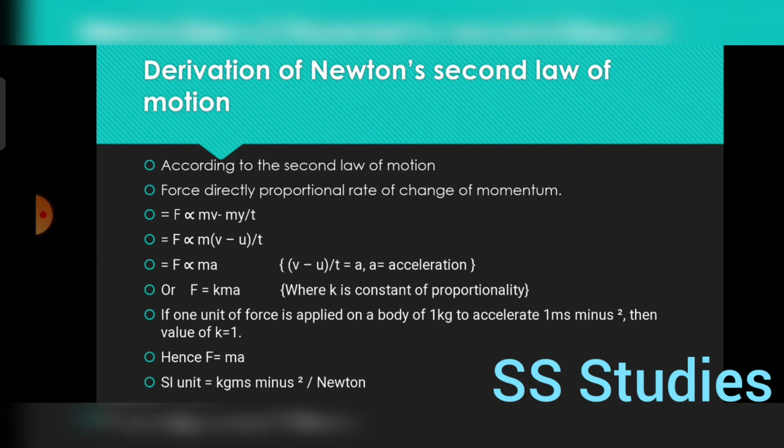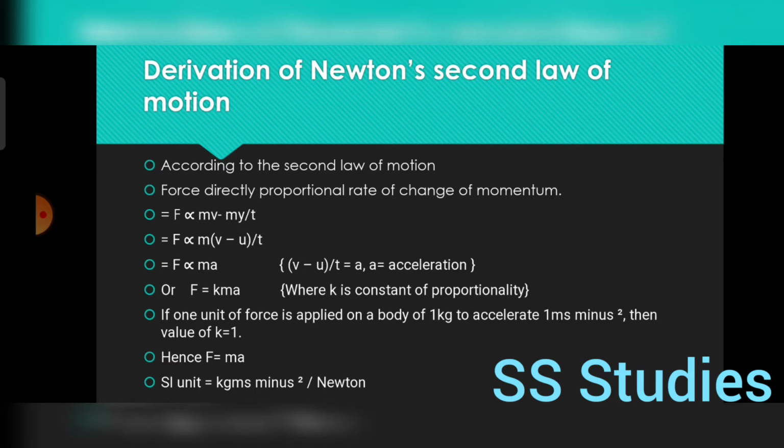Then the rate of change of momentum equals (mv minus mu) by t. According to Newton's second law of motion, force is directly proportional to the rate of change of momentum, or F is proportional to m(v minus u) by t, or F is proportional to ma, or F equals kma, where k is a constant of proportionality.